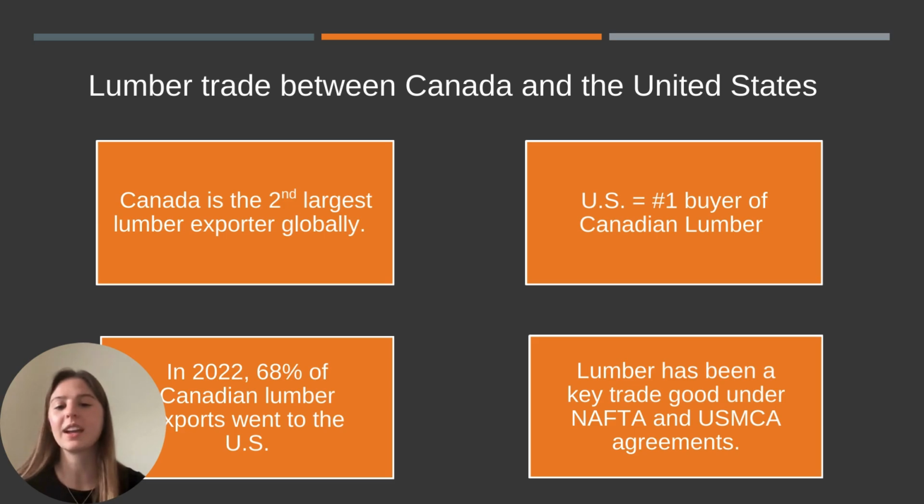This goes to show that Canadian lumber is really important to the US consumption of lumber, whether it's as is or in the form of other products. Lumber has been a key trade good under NAFTA and the USMCA agreements. This just means that lumber is kind of a key to keeping peace in North American countries and keeping a steady trade flow between them.